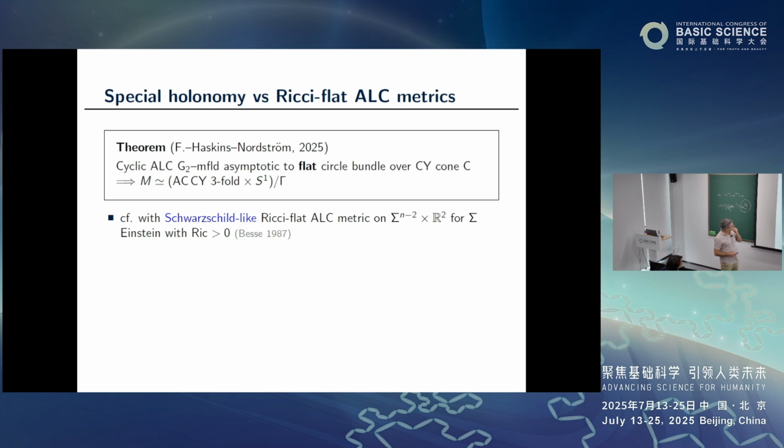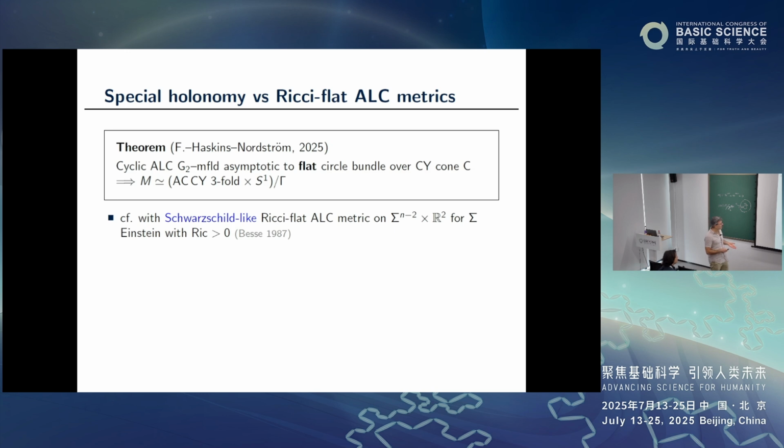If we move to Ricci flat non-special holonomy worlds, then there are actually examples that are asymptotic to a product cone times a circle, but which are not products of a manifold times a circle.